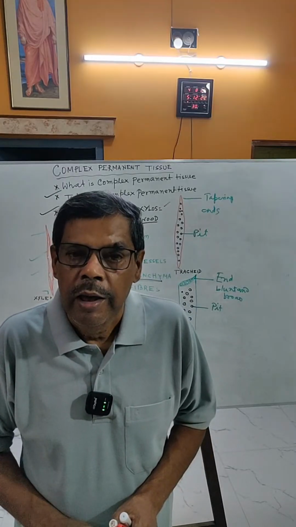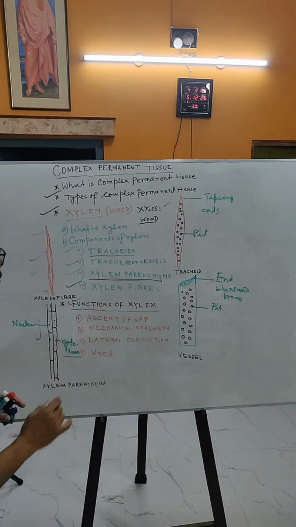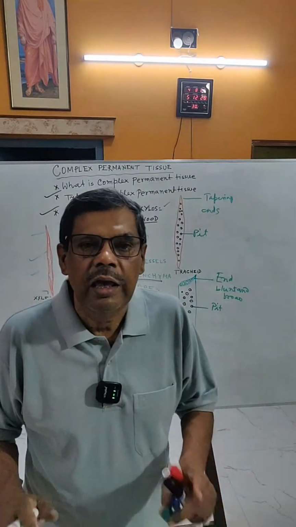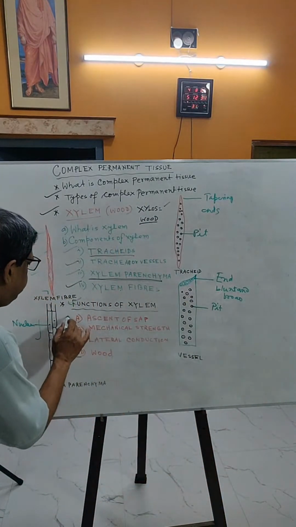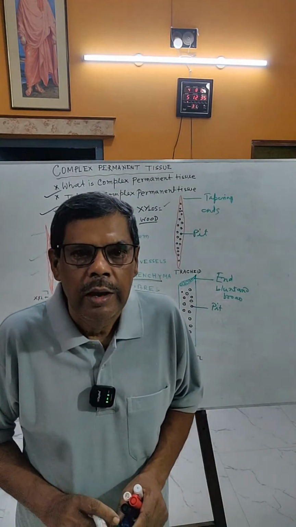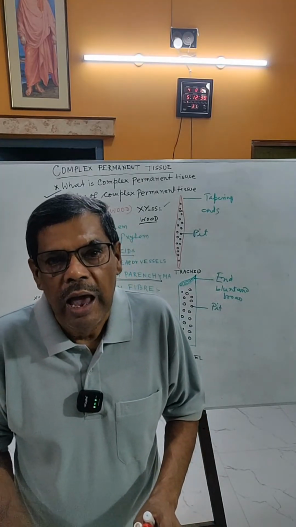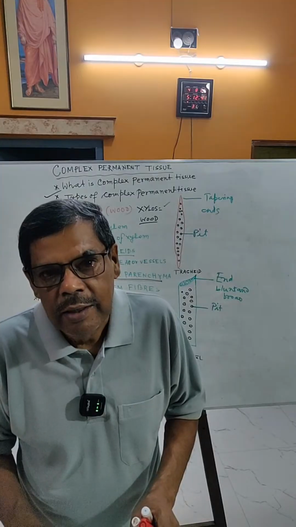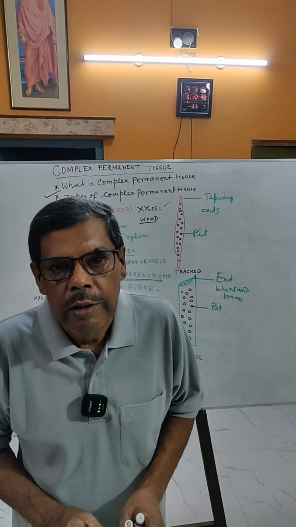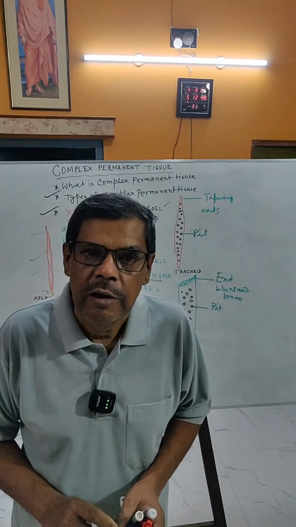Next, functions of xylem. First function is ascent of sap. Xylem transports water and minerals, altogether called sap, from the roots to the various aerial parts of the plant.